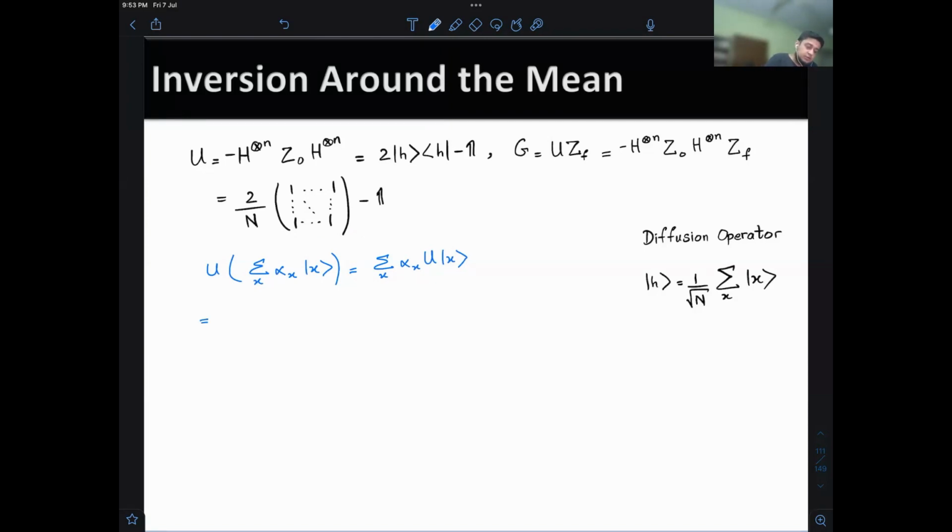So you've got the sum over x of alpha x times (2 over N times the all one matrix minus identity) applied to |x>. Obviously, identity applied to x will be the same thing.